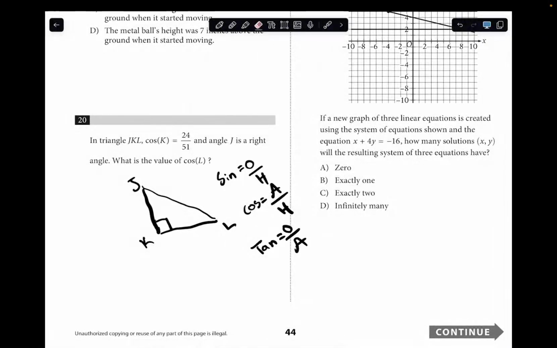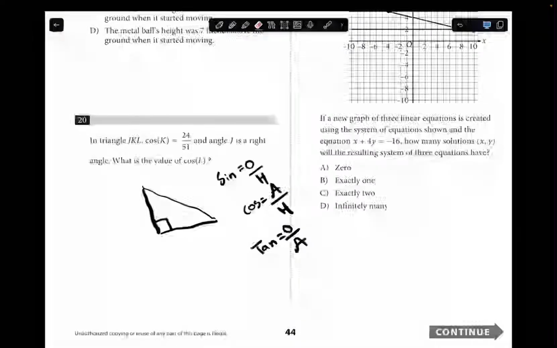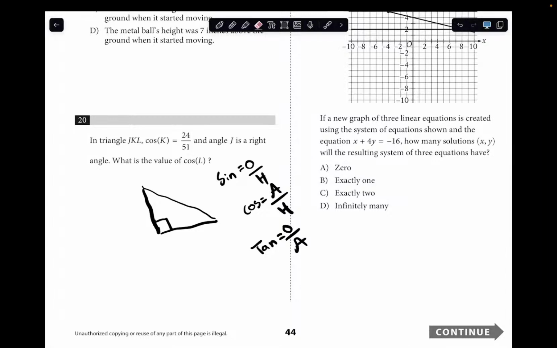So J is the right angle, K is the one above it, and then L is the other.